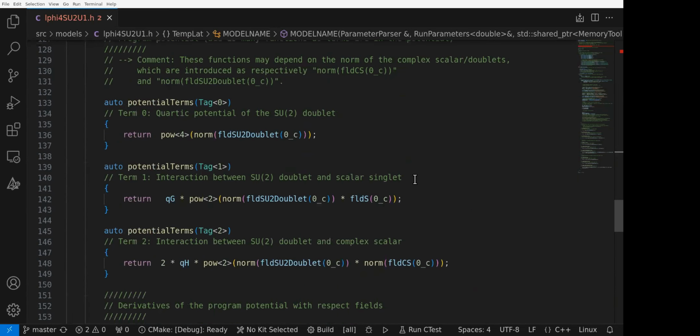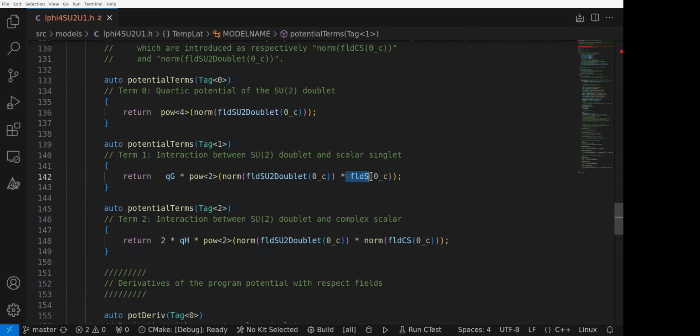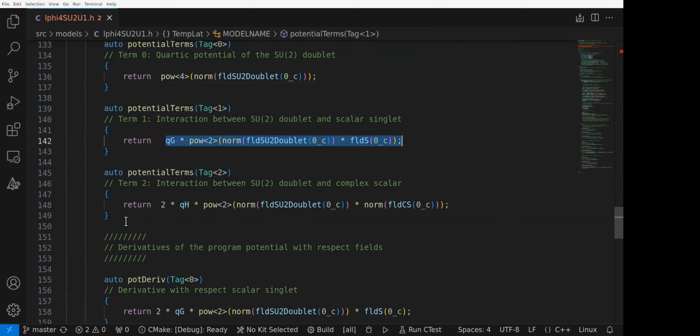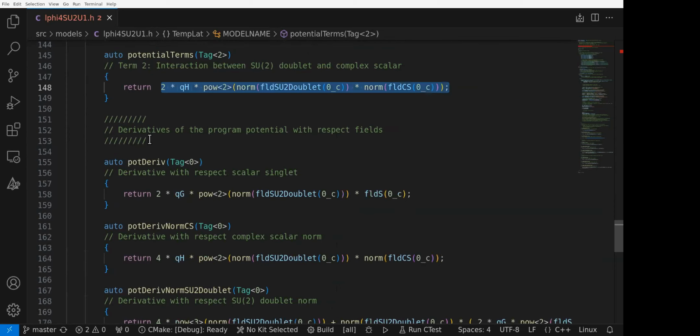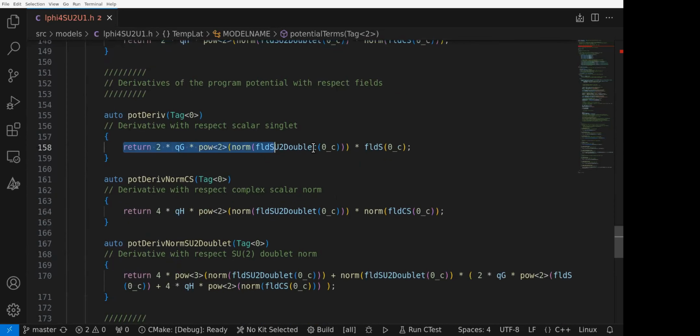And then again, at the level of the model, not so much changes here. In this model, we just have a scalar and a doublet. The potential that we're looking at is just lambda phi to the 4 for the doublet, and then some interaction between the SU2 doublet and the scalar field, and the same here. And then we write down the derivative with respect to the field.